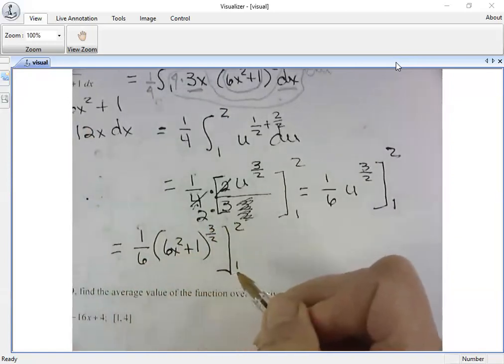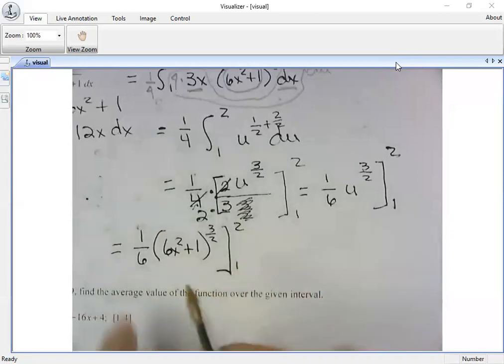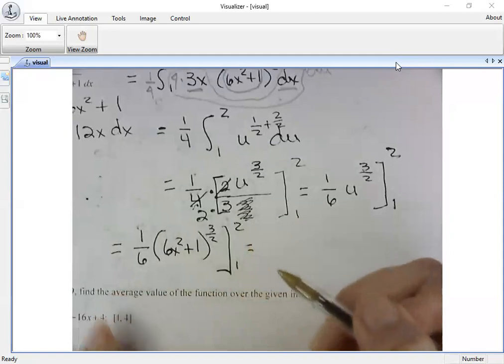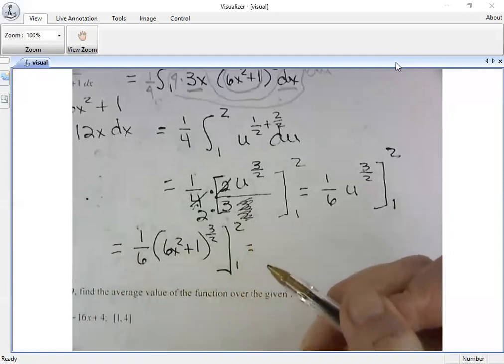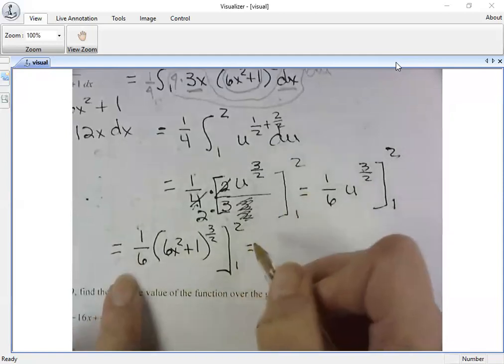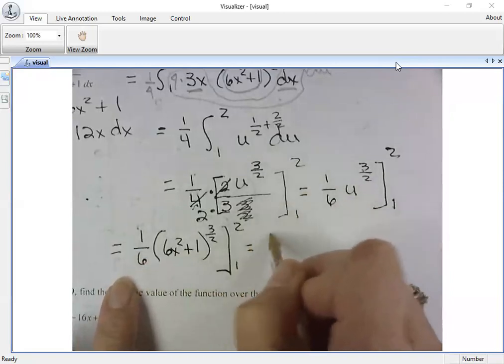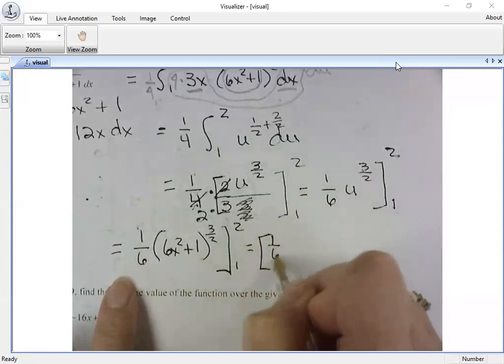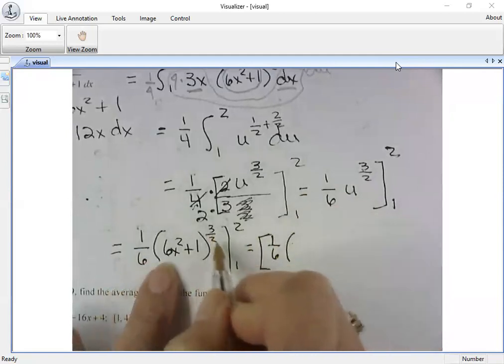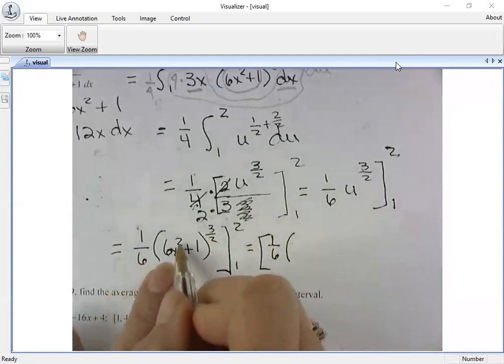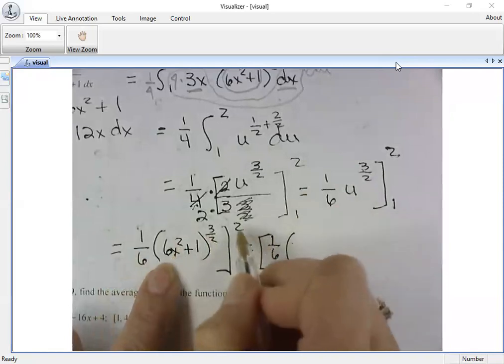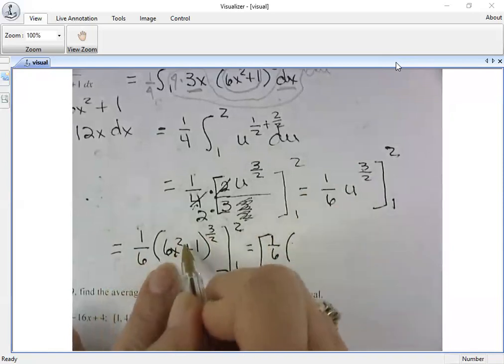And I will tell you on this one, it's just a little bit on the messy side with the radicals that are involved. I'll show you what would be acceptable to write for an answer. So I need to keep the 1/6 times, now if I put in 3/2, look at this, I got to square 3/2. Oh, I'm sorry, I got to put in the 2 and square it.